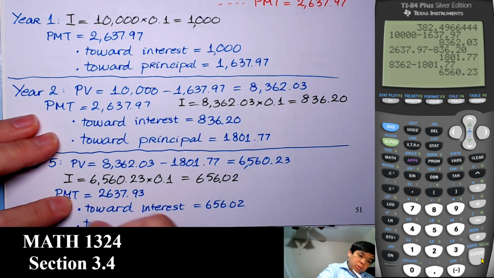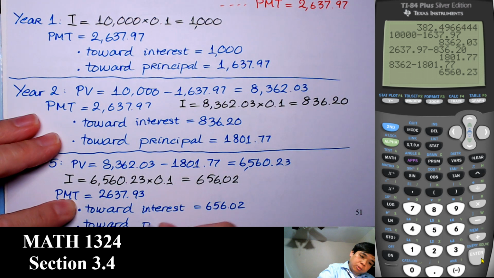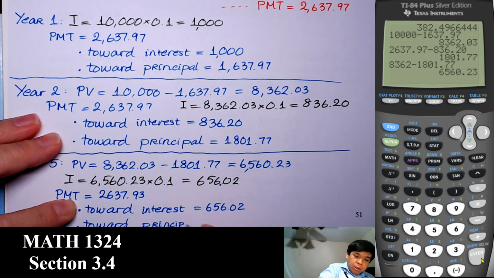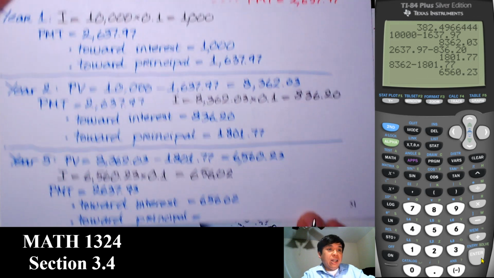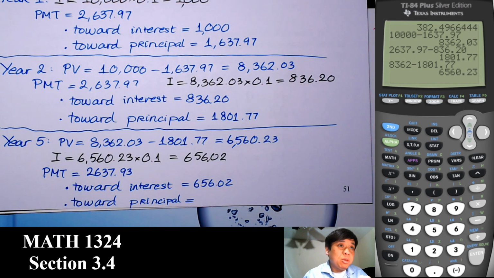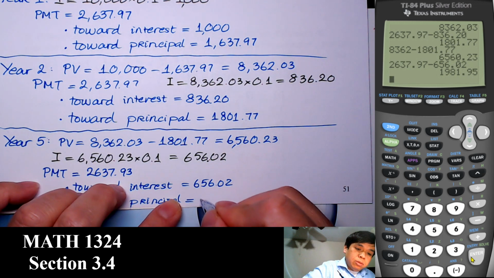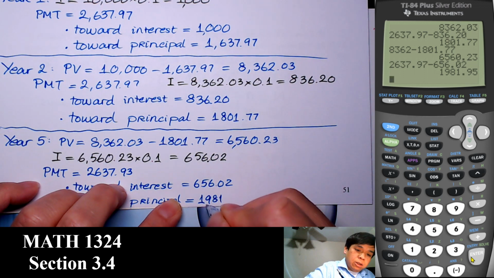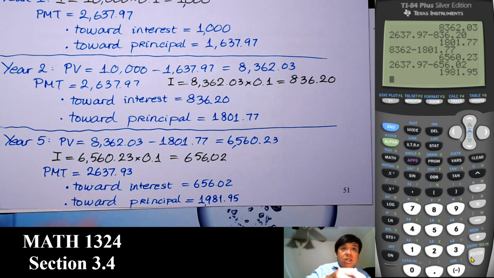And then toward the principal. The last payment, let's do this first. So we get 2,637.97, subtract 656.02, so 1,981.95, and we just keep doing that.